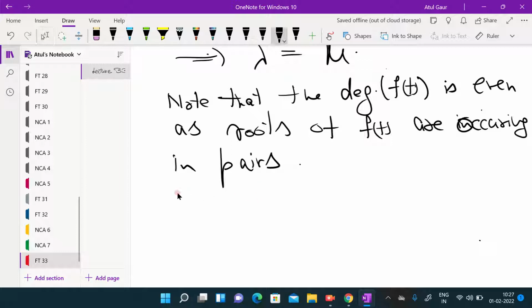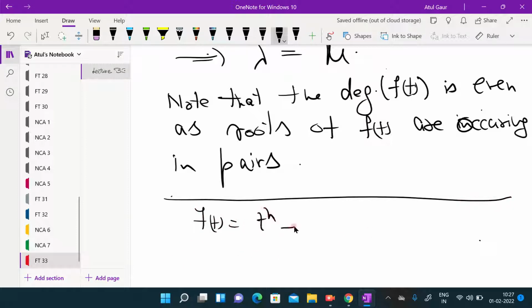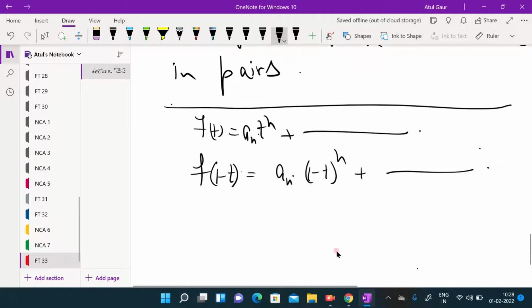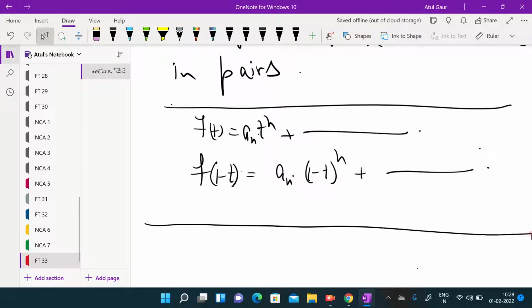Are you getting it? f(t) is something t^n plus whatever it is. Now let's say a_n is the leading coefficient. So you are looking at the leading coefficient of f(1 minus t). That means a_n times (1 minus t)^n plus whatever it is. You are interested in the leading coefficient only.